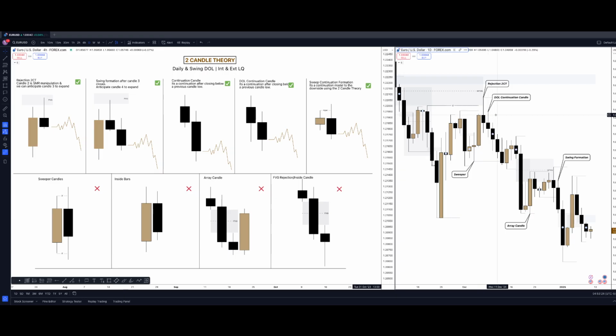We are using a draw on liquidity continuation. What is our draw on liquidity? Well, we've tapped into internal/external range liquidity in this instance by sweeping the swing high, tapping into a weekly. Our next draw is to the downside. We can use this momentum to ride our way down, targeting this external range liquidity.